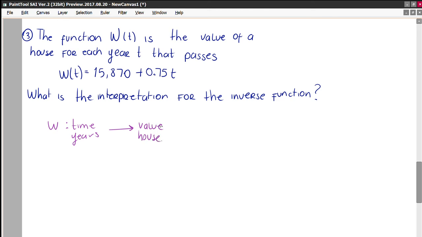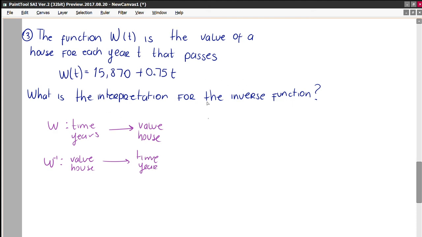So the inverse function has to tell me the opposite. If I have the value of the house, it can tell me the time in years that it took for the house to be worth that much.